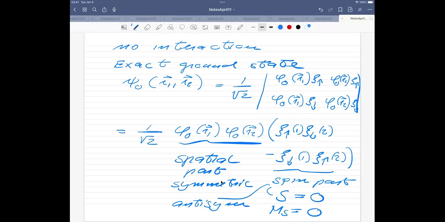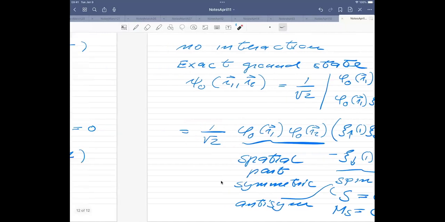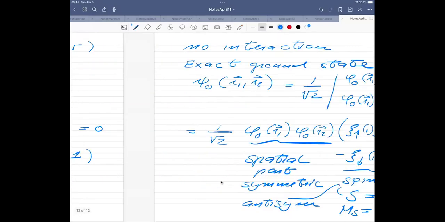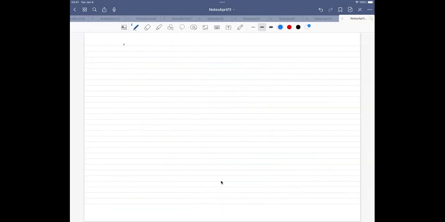So this psi, which you see here, this wave function psi 0, is nothing but the spatial part for this state here. That means that psi 0 of Ri, for a given particle, is simply the harmonic oscillator for nx.